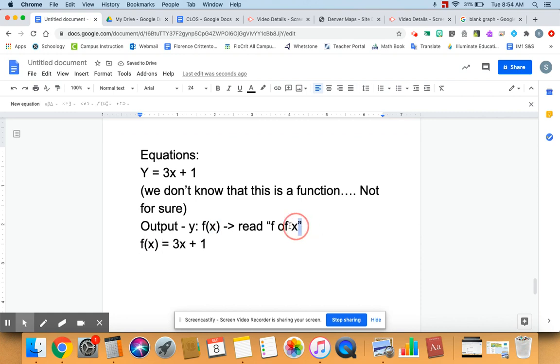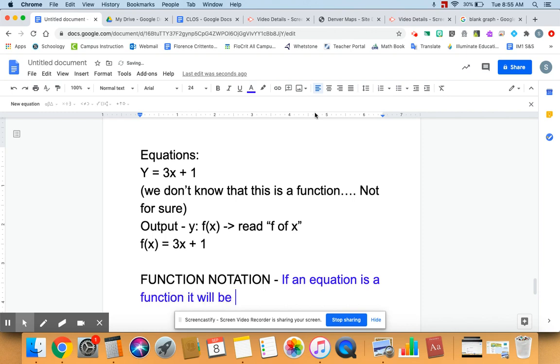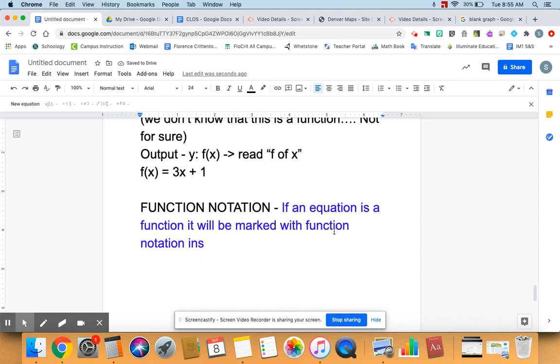What f of x means: the letter in front, the F, is just the name of the function. So this is called function notation. Here's what it means. If an equation is a function, it will be marked with function notation instead of y equals.